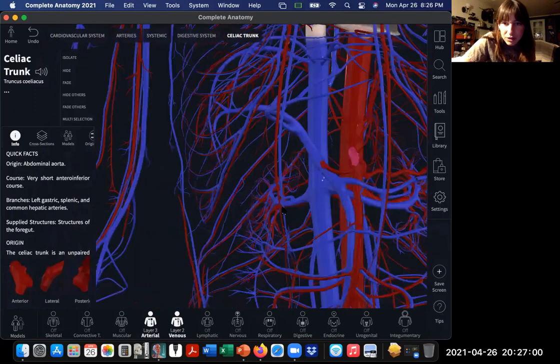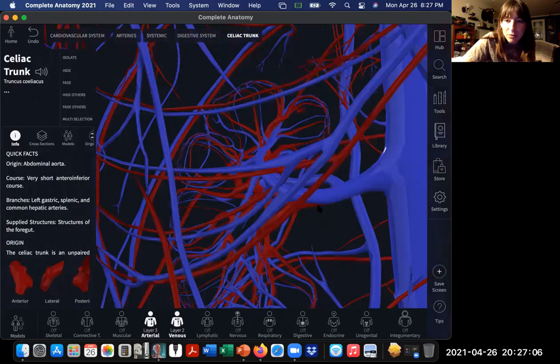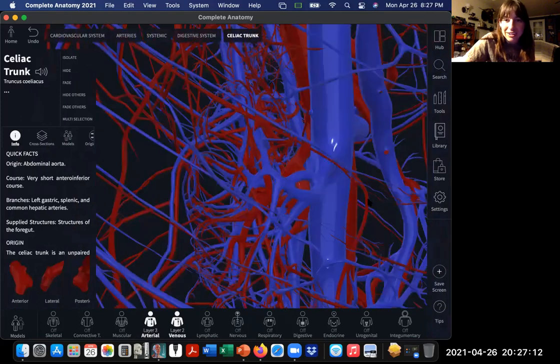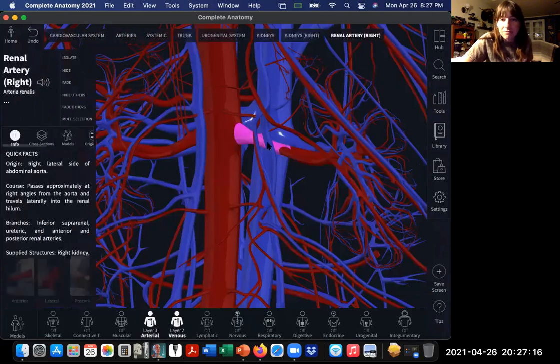Look at how gorgeous. It's like the vena cava and the descending aorta are dancing. Do you see it? It's like they're holding hands right here. I love it so much. So here's the renal artery, and here's the renal vein.